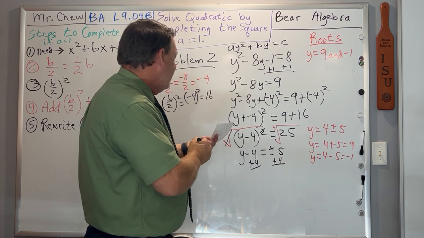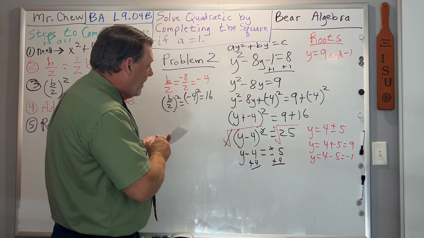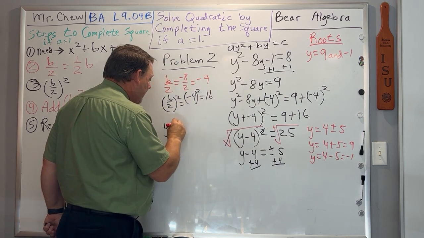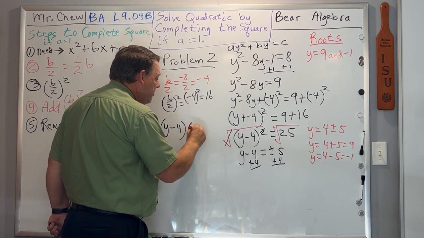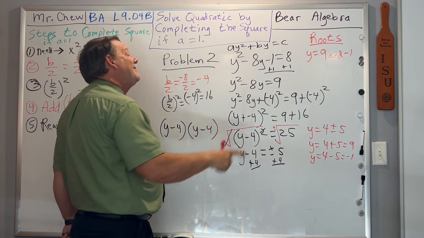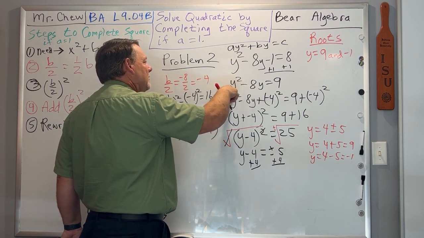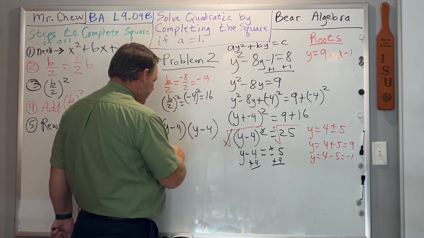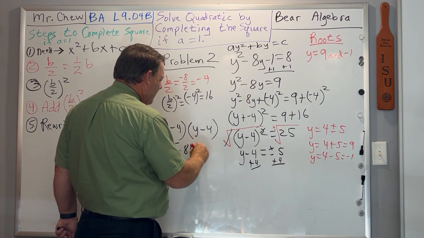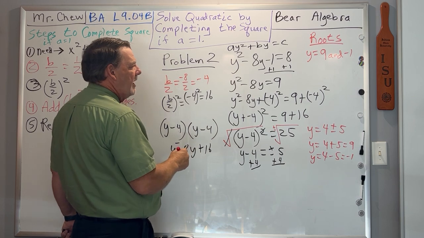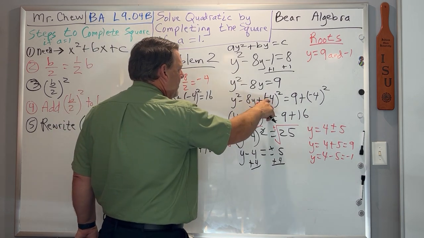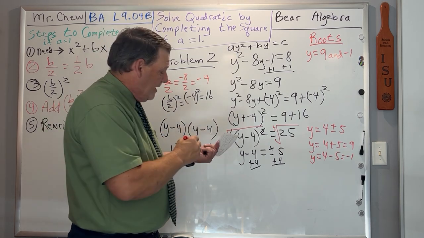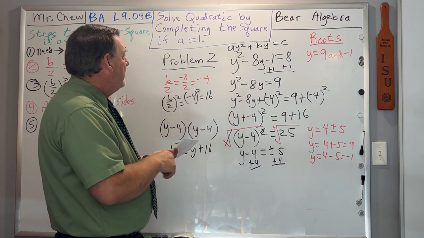So now, this should have followed along, and if you want to take this y plus negative 4, which is y minus 4 squared, and use FOIL, you're going to see that it ends up equaling y squared minus 8y plus 16. Check it out. That's what this one would be right here. This negative 4 squared would be plus 16. Use your FOIL to check it out. I did that in the first problem that we worked.